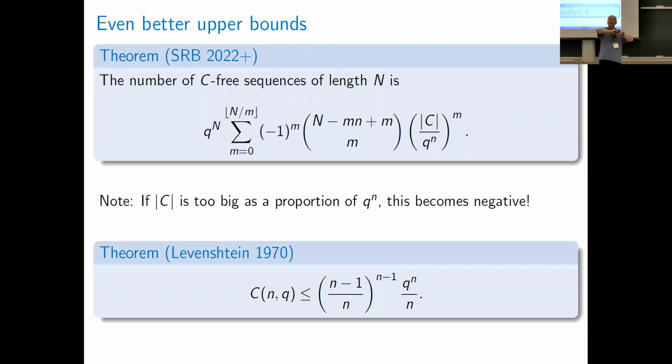He just produces a recurrence for the number of C-free sequences, and then uses a bit of algebraic combinatorics, a bit of power series manipulation to derive this bound on the size of a non-overlapping code. A very beautiful bound, actually.